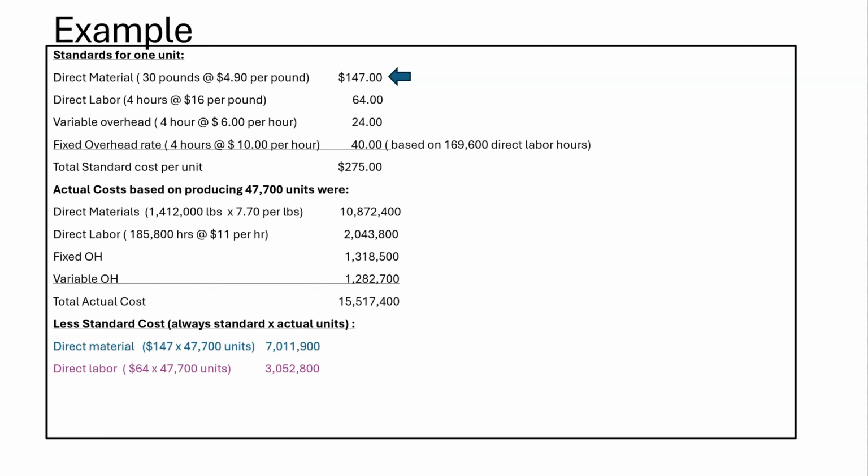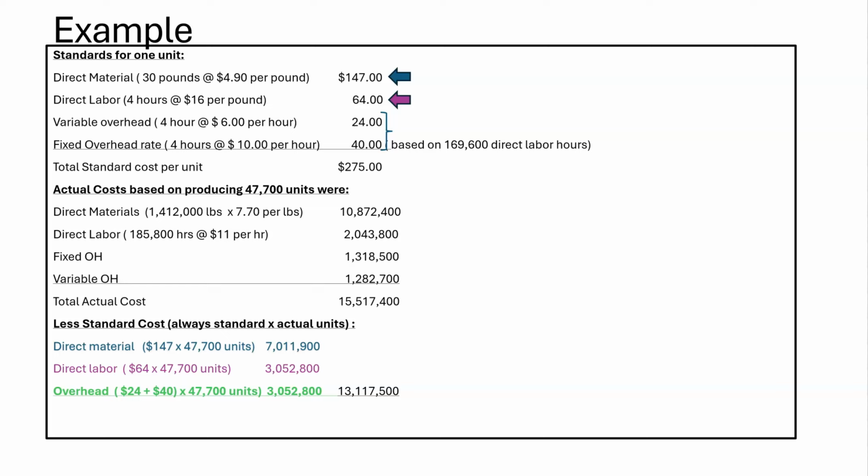For the direct labor, based on our estimated $64 per unit, and that is based on 4 hours per unit at $16 an hour. And then we have our overhead, which is going to be 24 plus 40, which is our total of 64, times the 47,700 units, and that gives us 3,052,800, and we have our total, what the standard was.